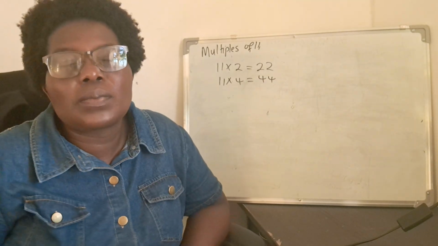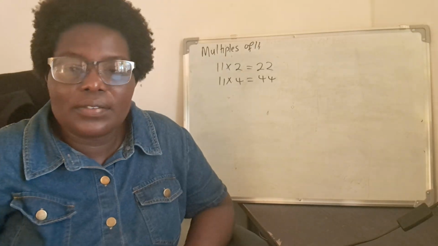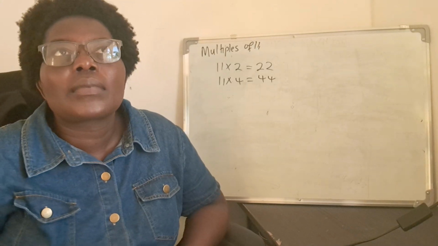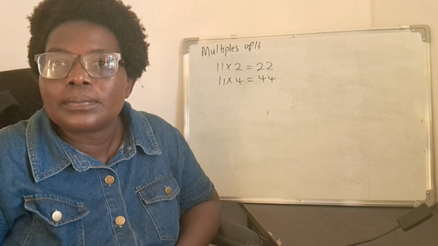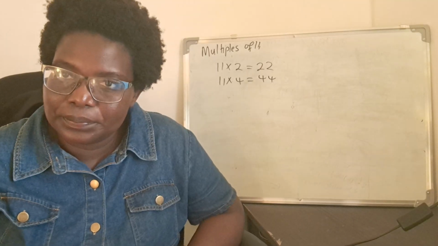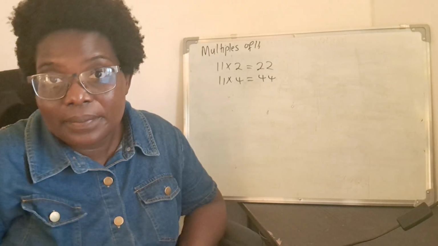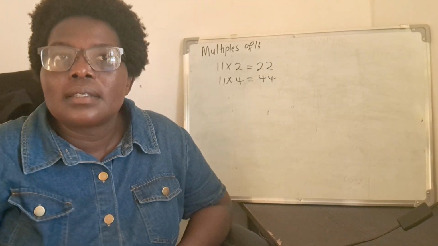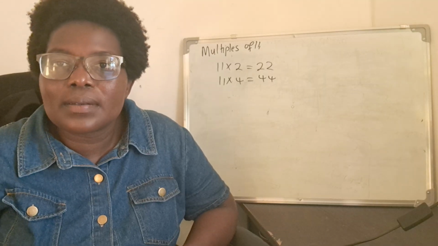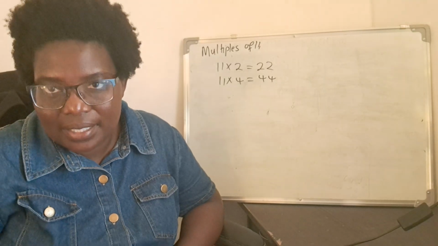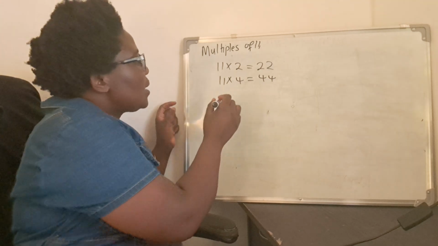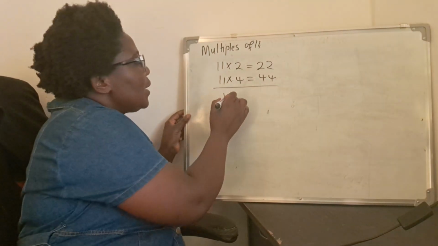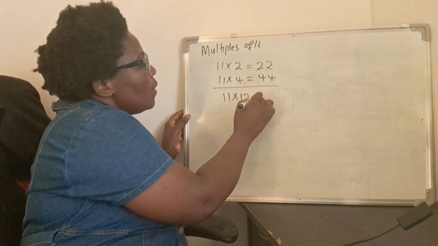However, if you are multiplying your 11 with any number above 11 or equal to 11, but these two numbers, when you add them, they are less than 10. So this is what you do. Let's take as if you are multiplying 11 by 12.